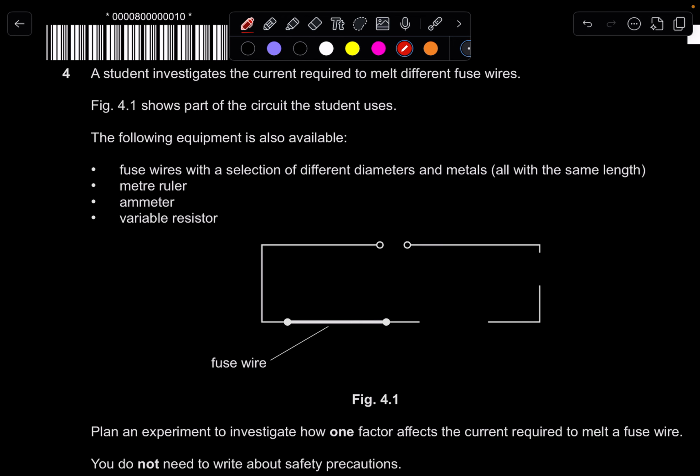Let's move to question 4, that is the planning question. A student investigates the current required to melt different fuse wires, and the figure shows a part of the circuit the student uses.